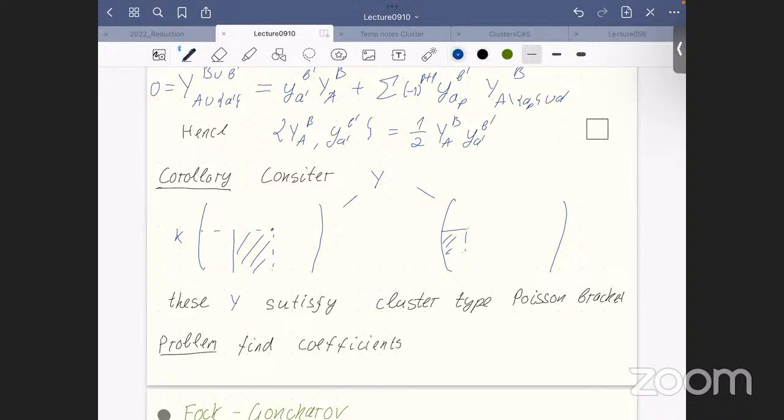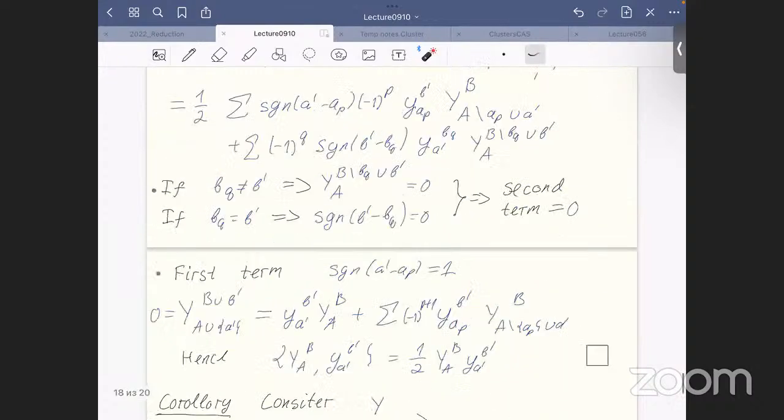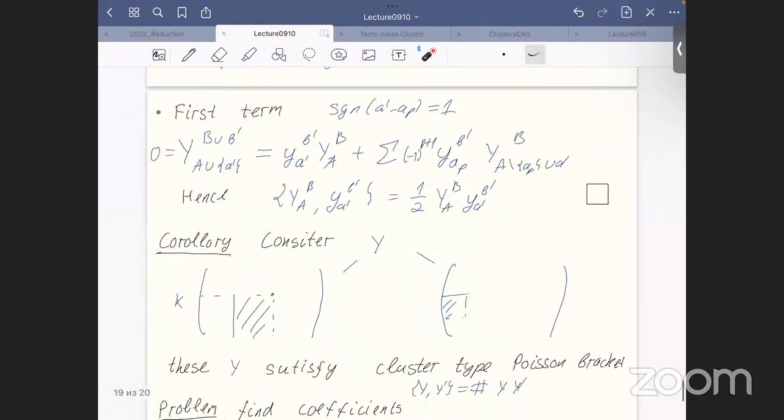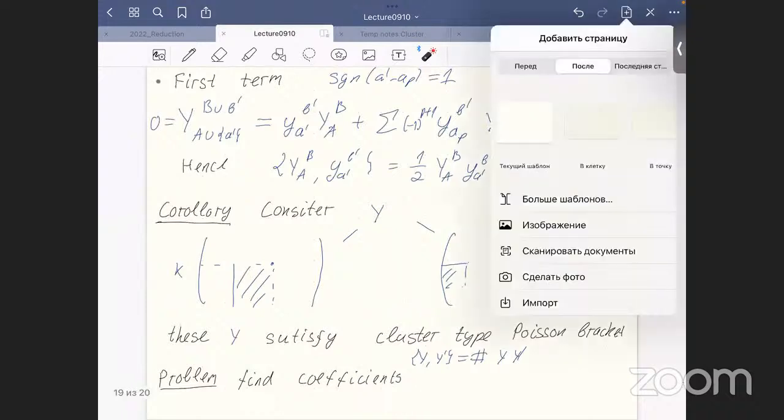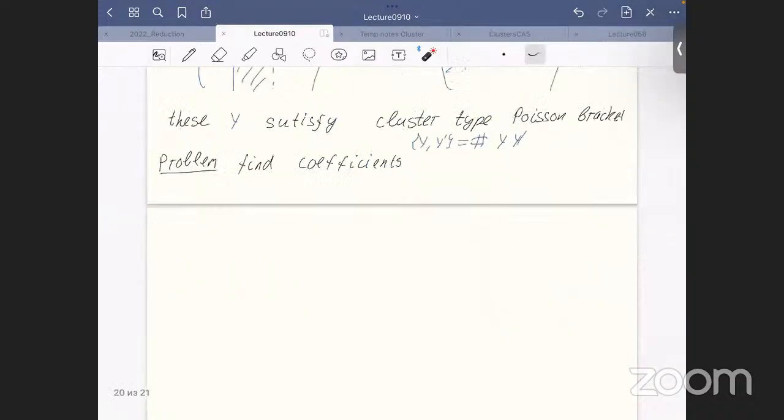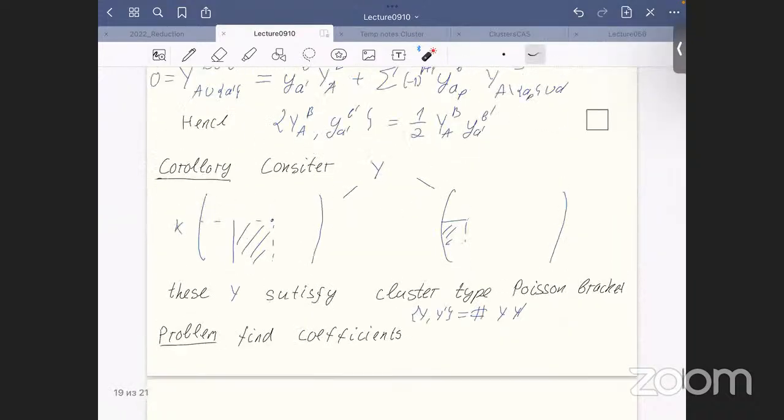By the word cluster type, I mean that if you take the bracket of y and y prime, we get some number times y and y prime. And these coefficients follow from this lemma. But I think I have like 10 or 12 minutes, and I plan to plug this into the Bershtein graph, so it is better not to compute this explicitly.